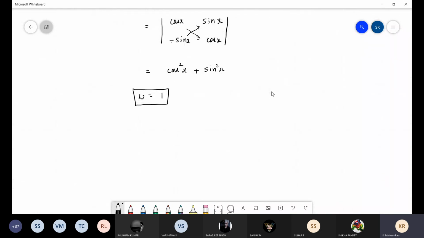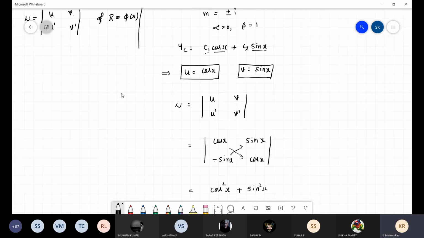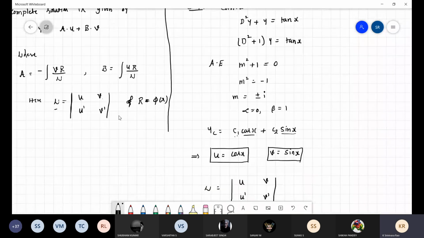Now after getting omega, you calculate A. Write the formula: A equals minus integration of v R by omega. Is it right, what I gave in the general formula? Yes, minus v R by omega.